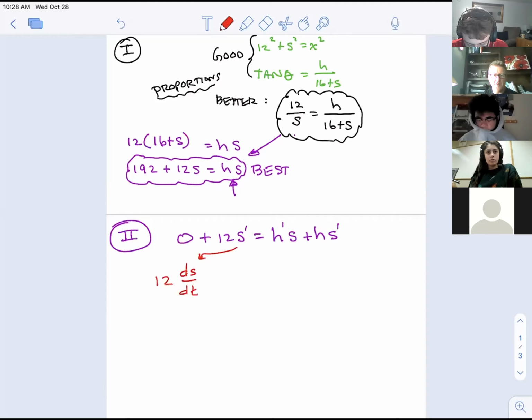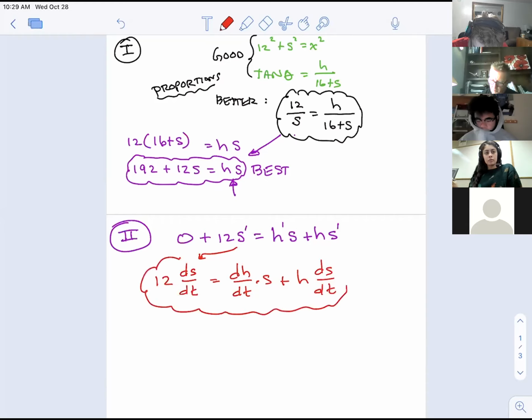And maybe that language speaks more clearly than just saying s prime. And then on the other side, I'd have dh dt times s, and then h times ds dt. So I haven't really done anything new. I'm just saying this is probably a better way to think about it.